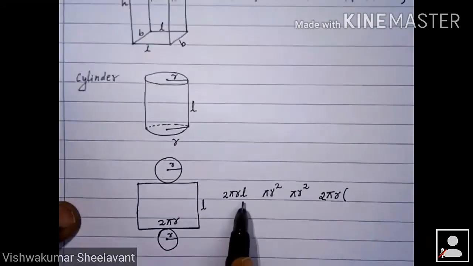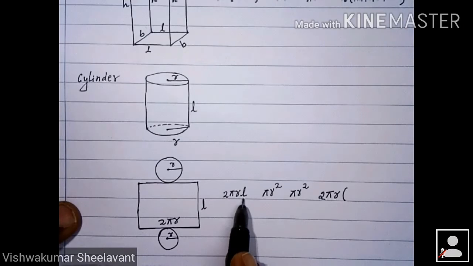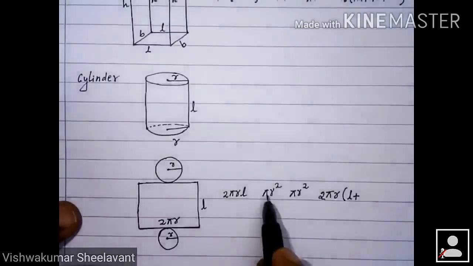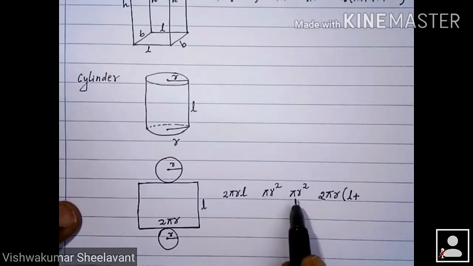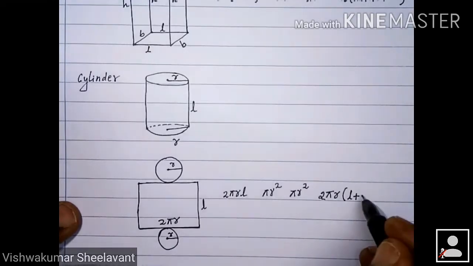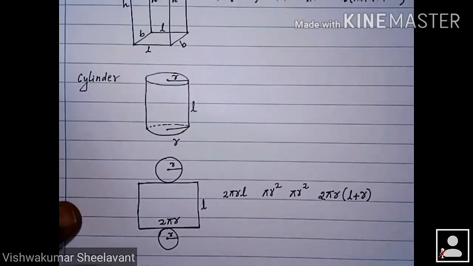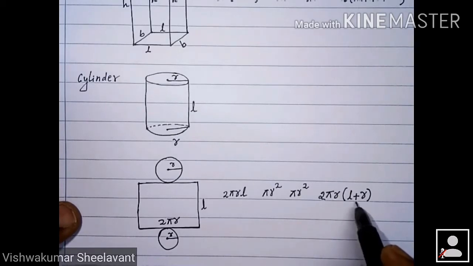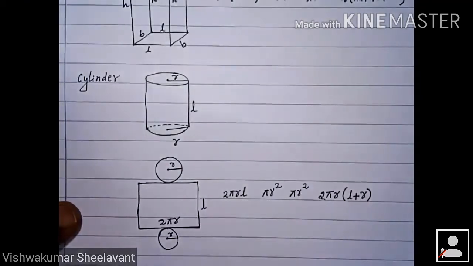Inside the bracket L or H, whatever you have taken, plus r, since from r square we already have taken one r outside. So TSA of cylinder is 2 pi r into the bracket L plus r, or H plus r according to your considerations.